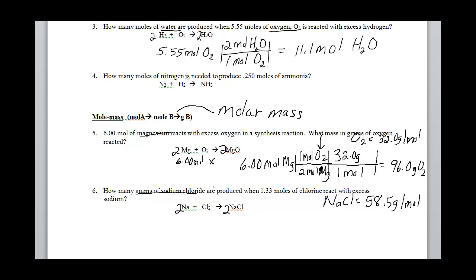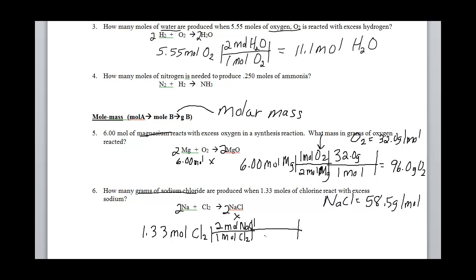So again, I'm going to write down, what do I know? Well, I have 1.33 moles of chlorine. Where do I want to go? This is my unknown. I want to go to sodium chloride. So what's my ratio? I have 2 moles of sodium chloride for every 1 mole of chlorine used.